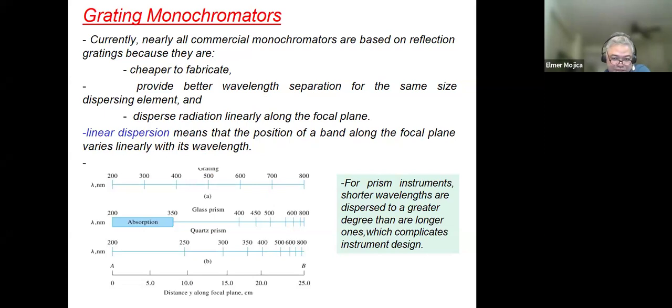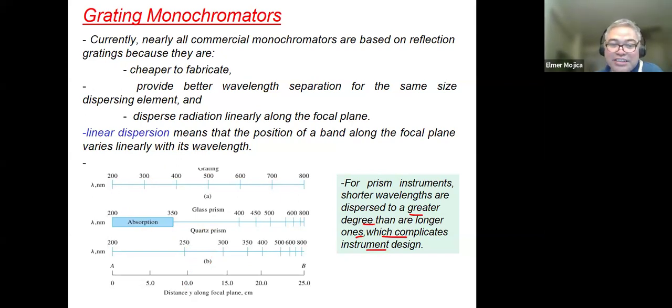For prism instruments, the shorter wavelengths are dispersed to a greater degree than the longer ones, which complicates instrument design. Look at the grating here: 200, 300, 400, 500, 600, 700, and 800. Now compare it with the glass prism.